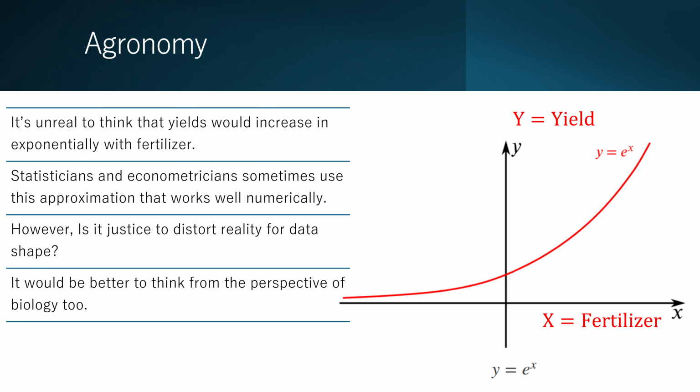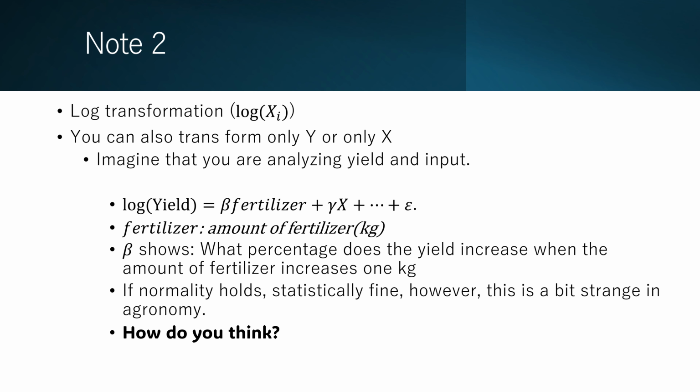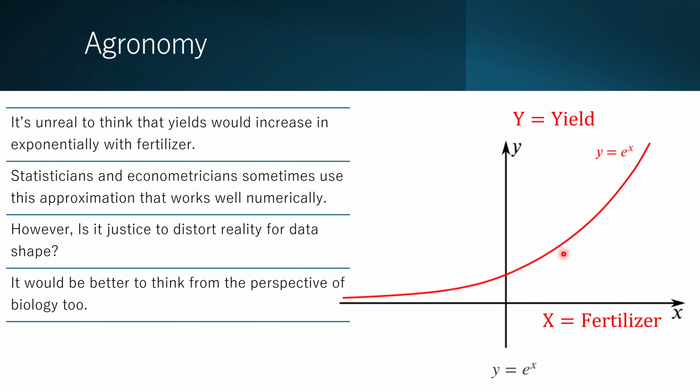The reason is this. Here is a reality check from agronomy. An exponential response of yield to fertilizer is unrealistic. Most inputs show diminishing returns, but if we take the log only for yield, it implies an exponential response, which is unrealistic.